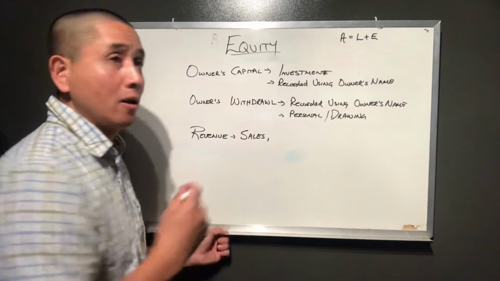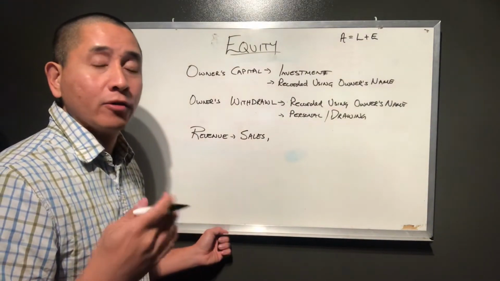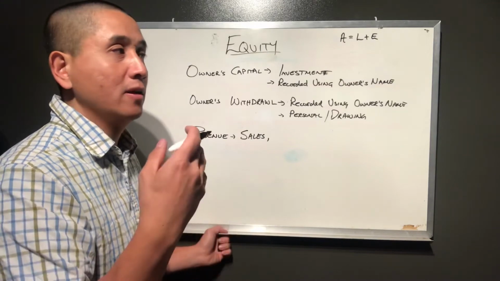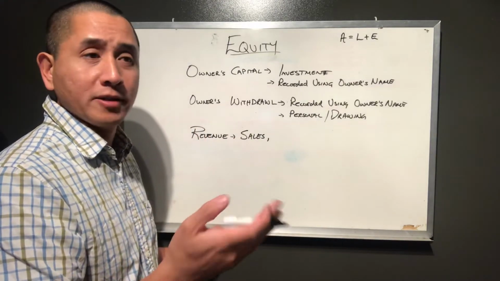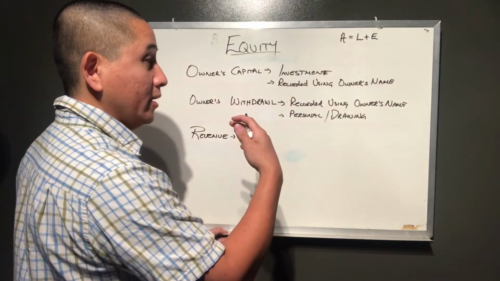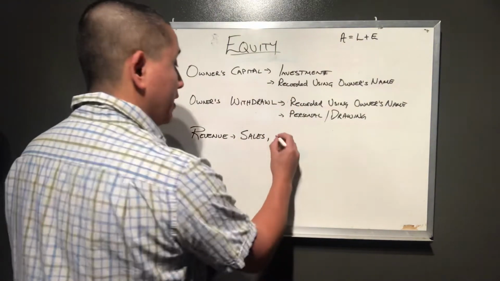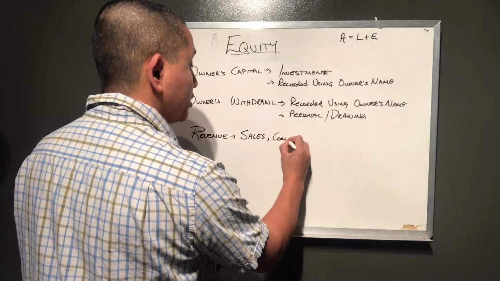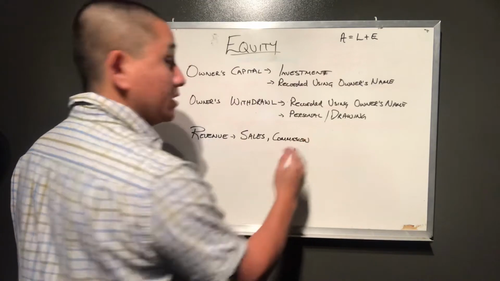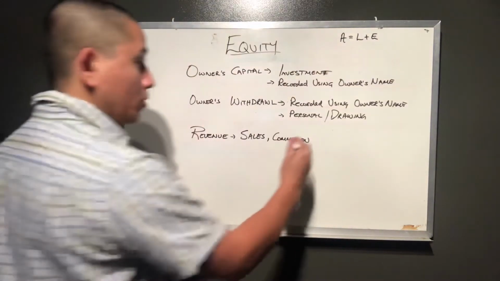If I earned commission, for example, if I'm an insurance agent and I sold different policies and successfully executed that, then I would be entitled to certain commissions earned as well.